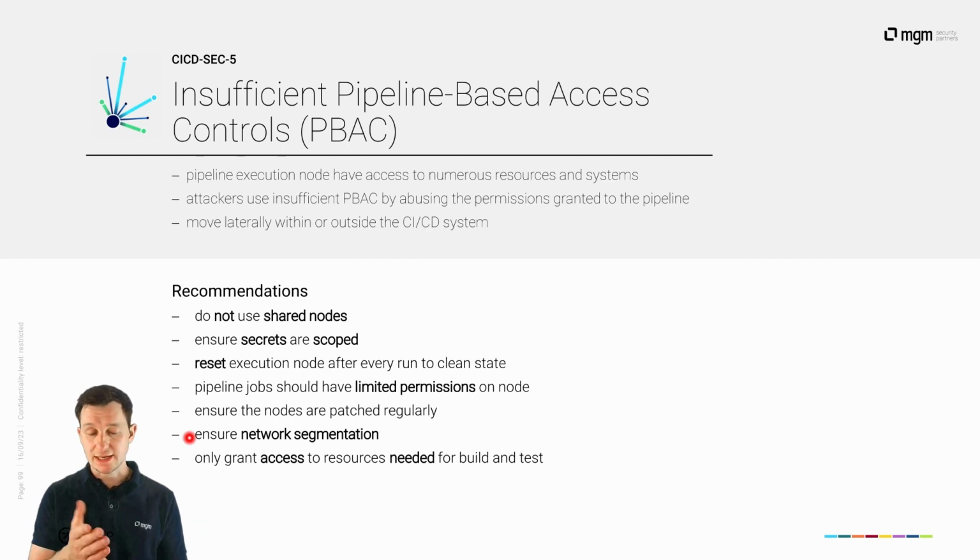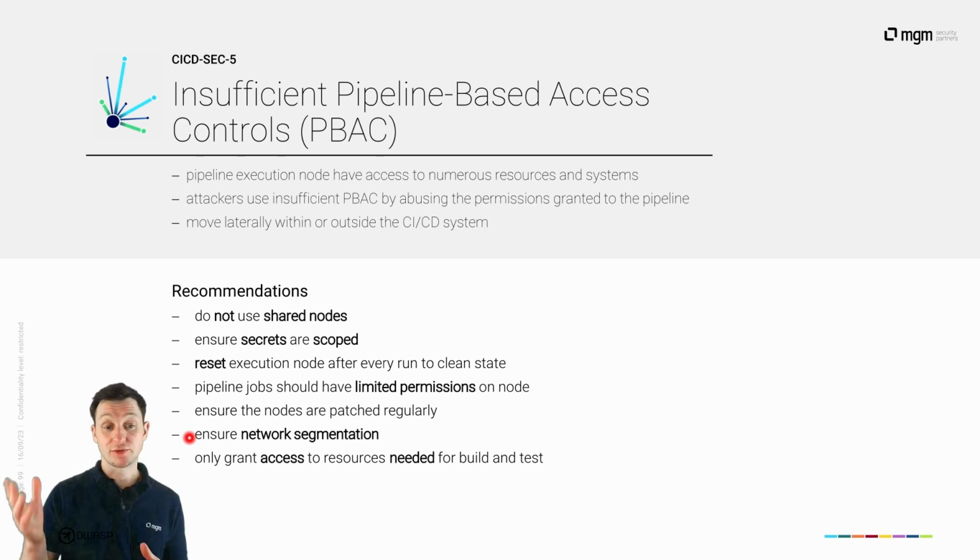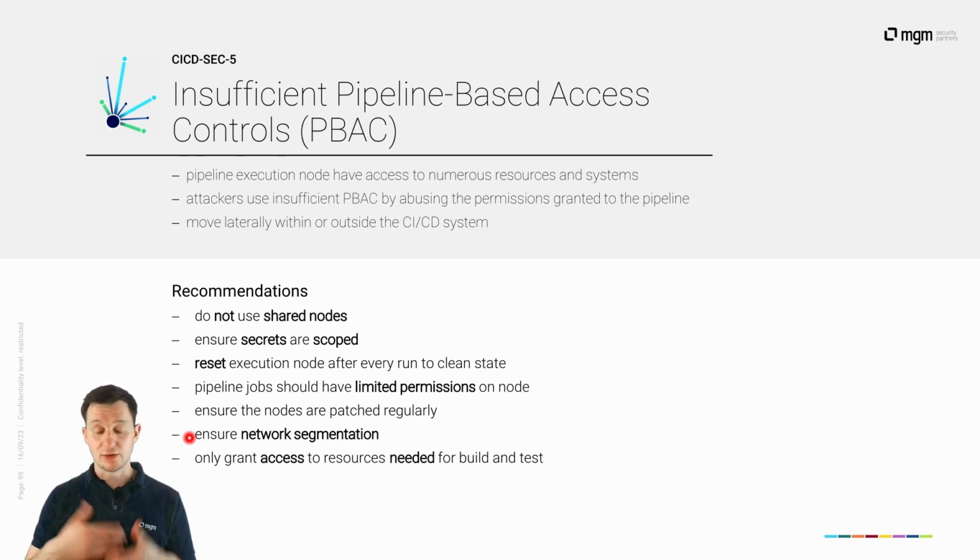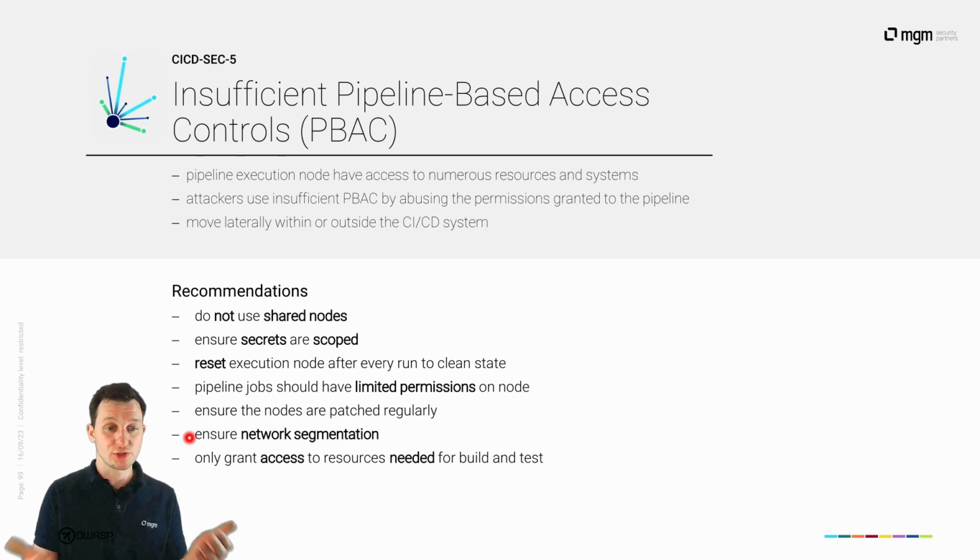So in this case, you should make sure that your build system and your runners only have access to the segments of the network where they need to have access to, but not to the other segments, like the development workstations, because sometimes development workstations have insecure ports open because they have a testing environment running or something like that.